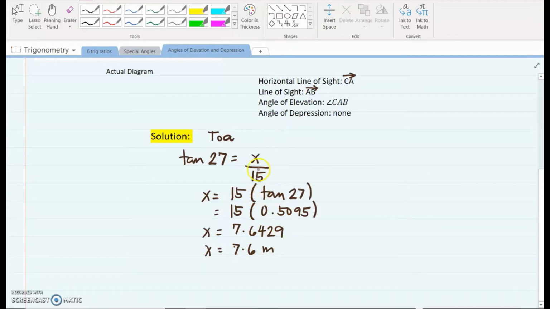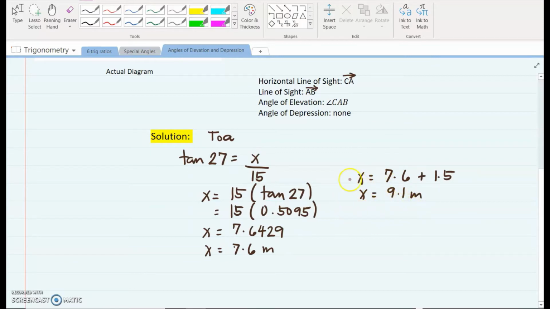Now, since the height of Anna was given at 1.5, we can add 7.6 and 1.5. So x is equal to 7.6 plus the height of Anna, which is 1.5. So x is equal to 9.1 meters.